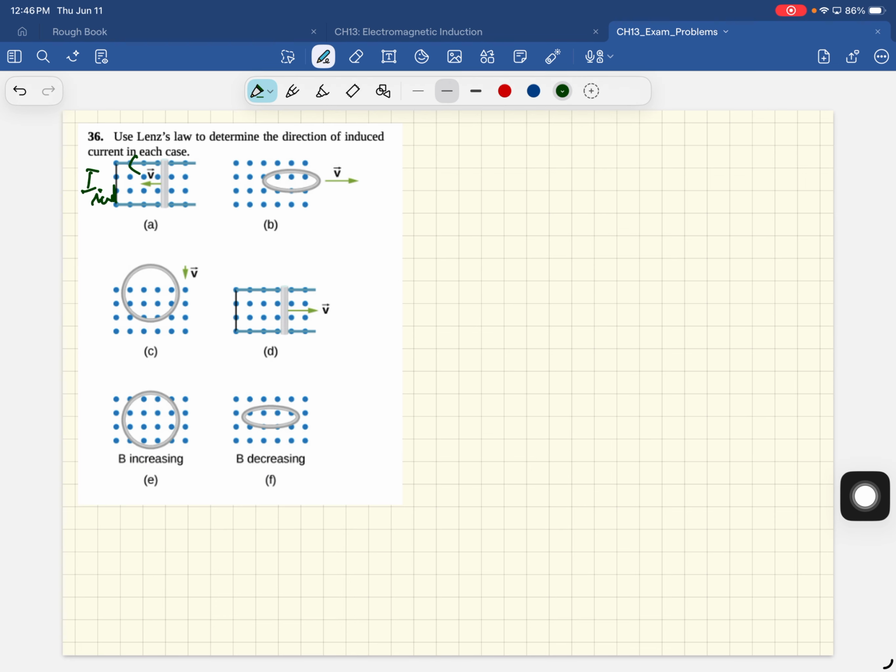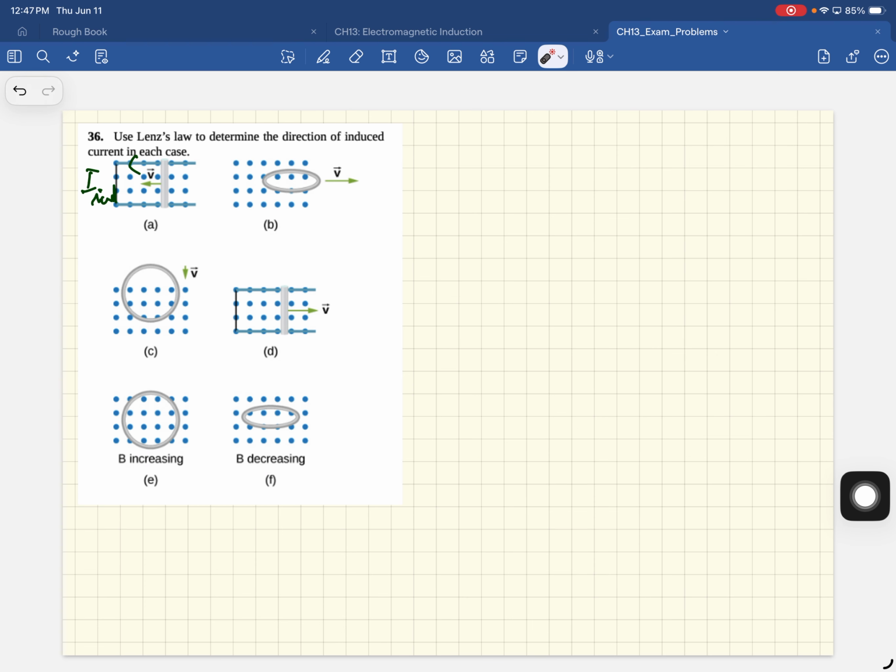So area is 25 into 10 minus 4 meters square. And this change happened over 0.01 seconds.